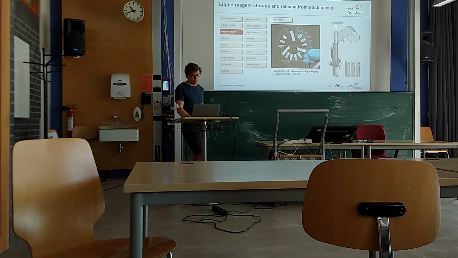And to start with, I will present the stick packs as solutions. So the stick packs, that's what we call these little aluminum pouches here. And in these pouches you can store liquid. So they are closed on both sides, and inside there's liquid. That's what you can see on the right hand side.